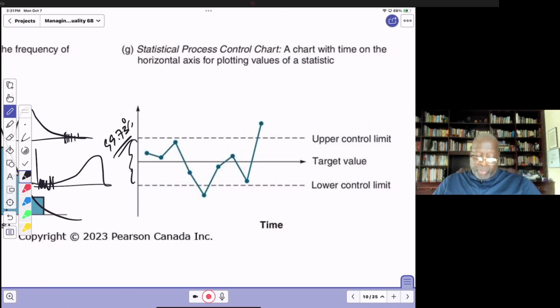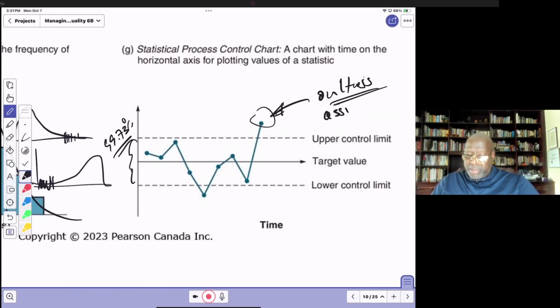Since there's a relatively small percentage of values that should fall outside of that, when it does happen, we say there's not supposed to be a huge probability of that occurring. So that is an outlier. Outliers represent what we call assignable causes. There's a reason for that.